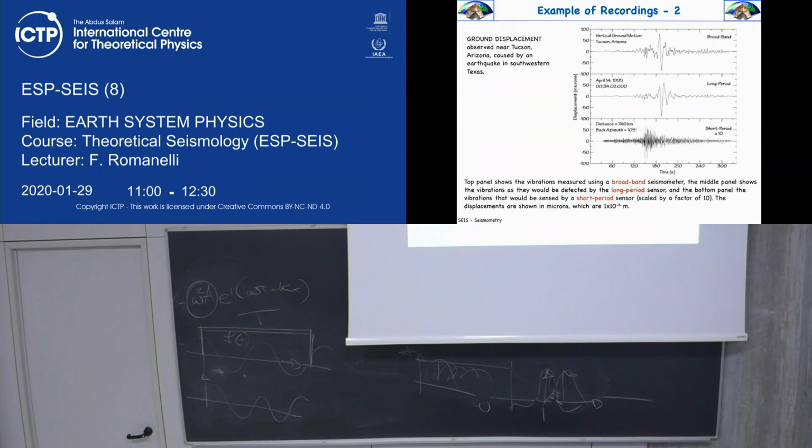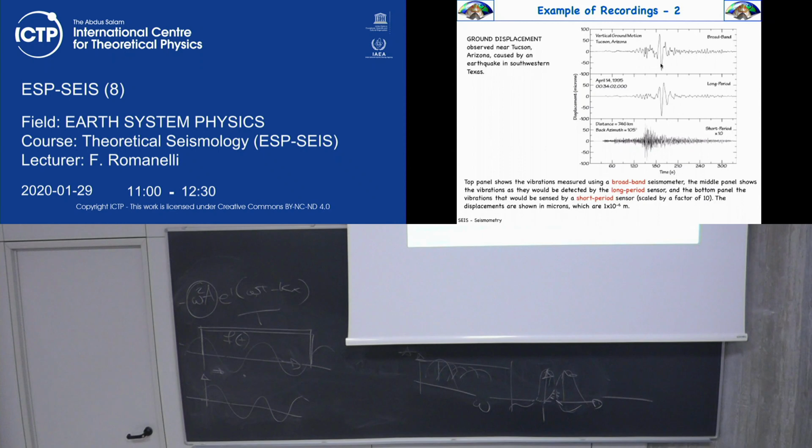What's next? Oh, that's nice. For example, look at the first. It's the recording now, we're in the US. Vertical ground motion. Remember, in any case, a seismometer recording displacement is measuring 3 components: north-south, east-west, vertical.